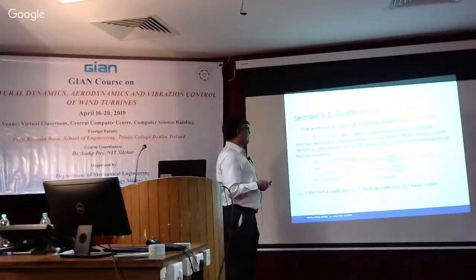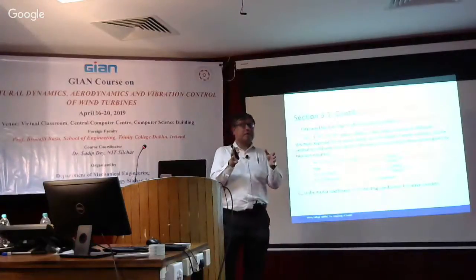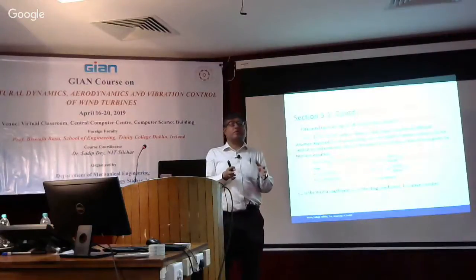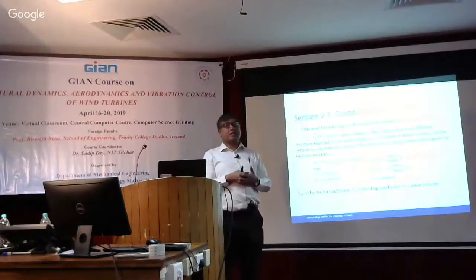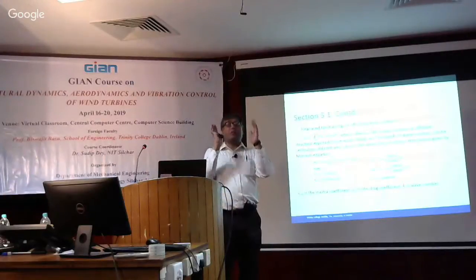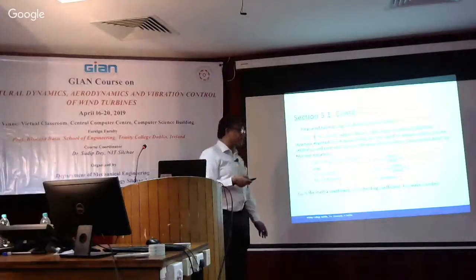The wave force acts on a certain column, because the wind turbine is supported either on a monopile with a substructure, or on a spar like floating wind turbines. I'll show you a diagram very soon. But you need to calculate the force acting on the surface of that particular structure. You apply the pressure, and then you integrate over the surface.